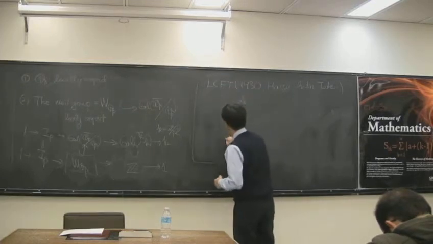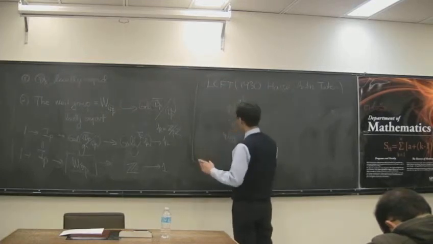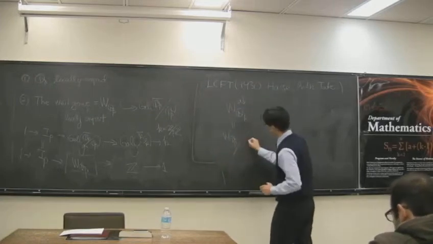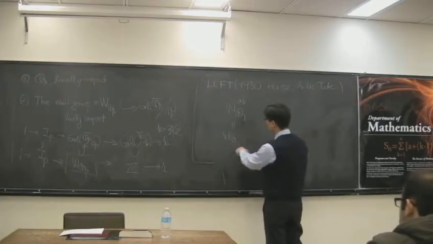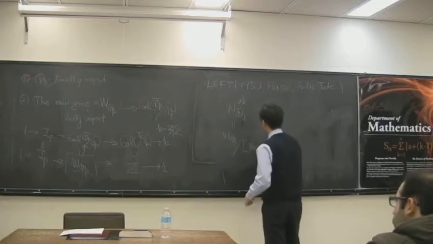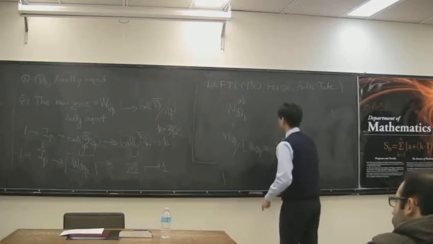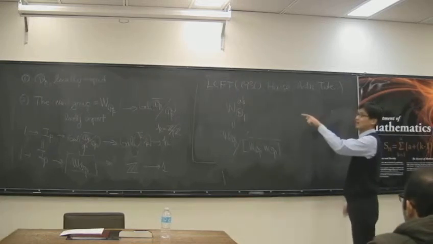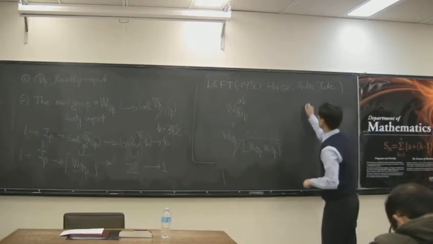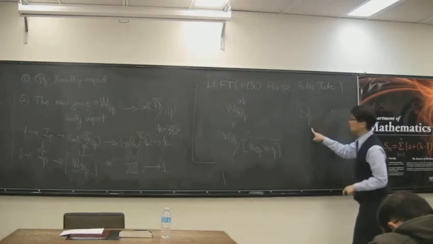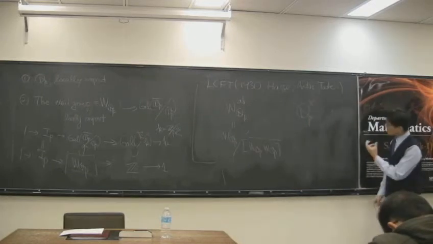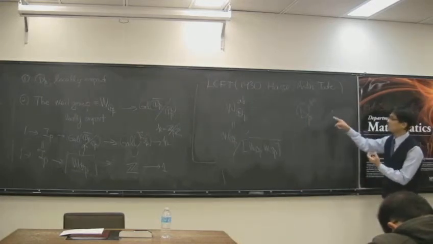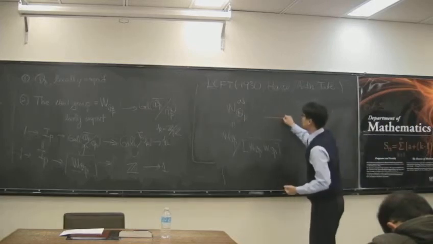Since this is not Abelian, how can you make an Abelian group from here? Take the quotient by the commutator subgroup. And as for the topological version, you can take the topological closure. This is the group side, all right? And then we have Q_p, this is a field, and then take the multiplicative group, which turns out to be an Abelian group. So there is an isomorphism here, okay?